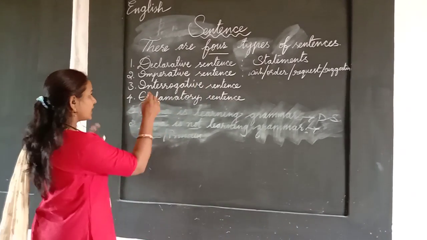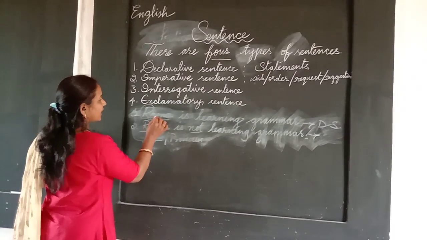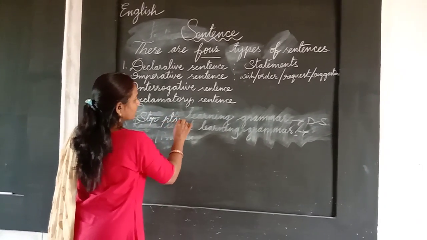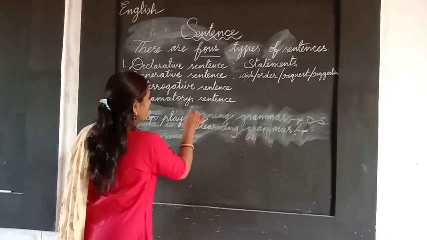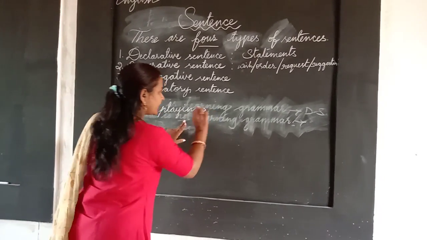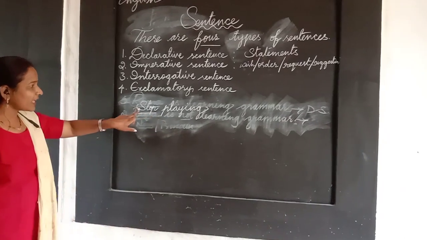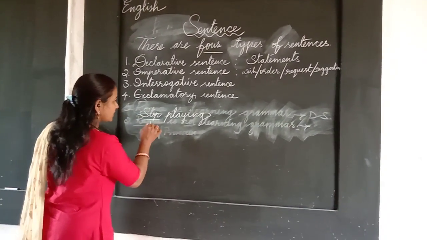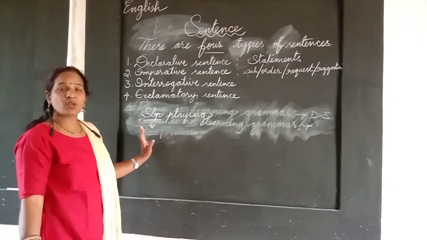Now, let's see how they are written. Like when I said, stop playing. What did I do? I ended it with a full stop, and I began with a capital letter. And what is the part of speech of this word stop?